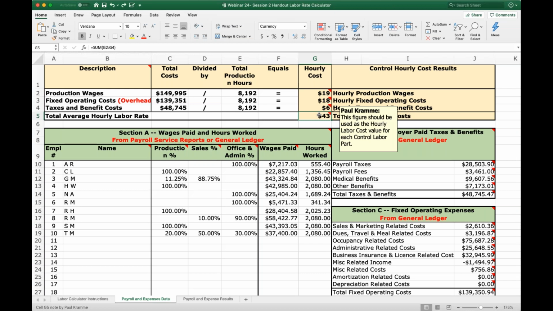Now, I might add that over 38 engagements that I've done, where we've done a really deep financial analysis, this $43 an hour is very much in line, okay?